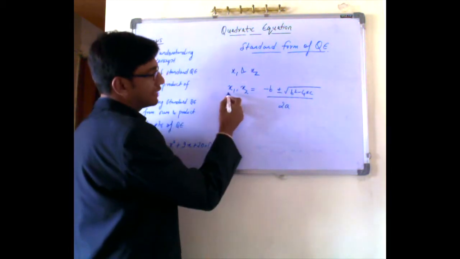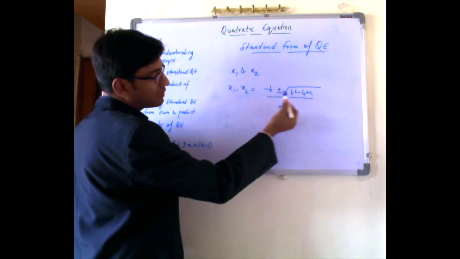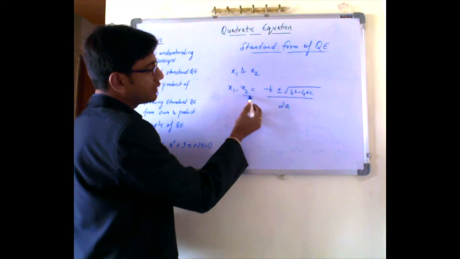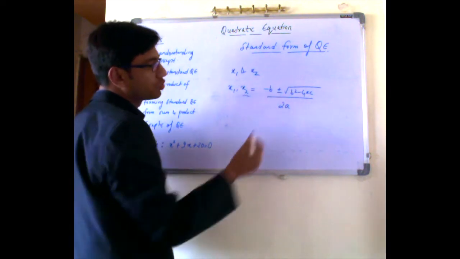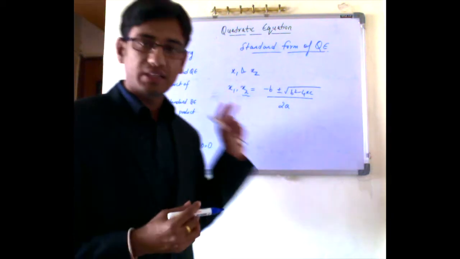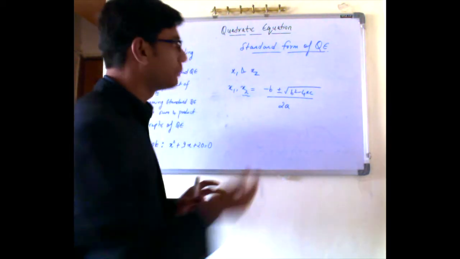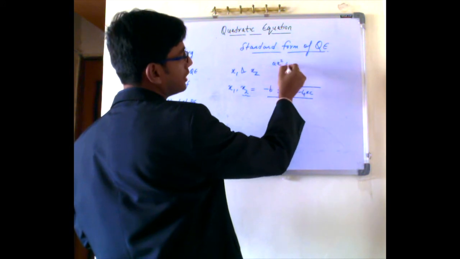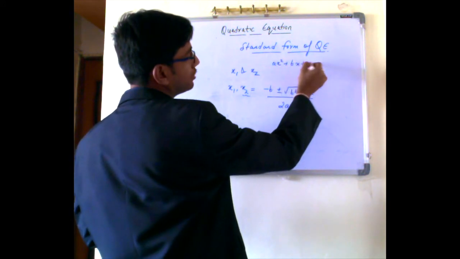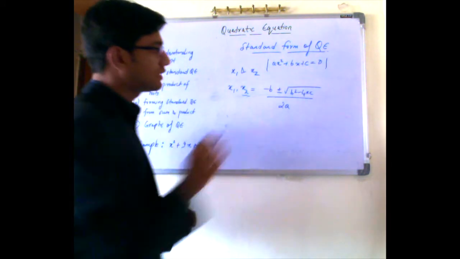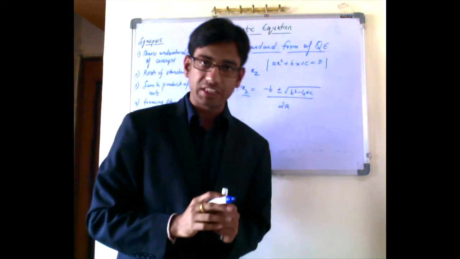So x1 will be (-b + √(b² - 4ac)) / 2a, and the other root x2 would be (-b - √(b² - 4ac)) / 2a. This comes from the standard quadratic equation ax² + bx + c = 0 that we have just framed, and from it we take out the formula for the roots.